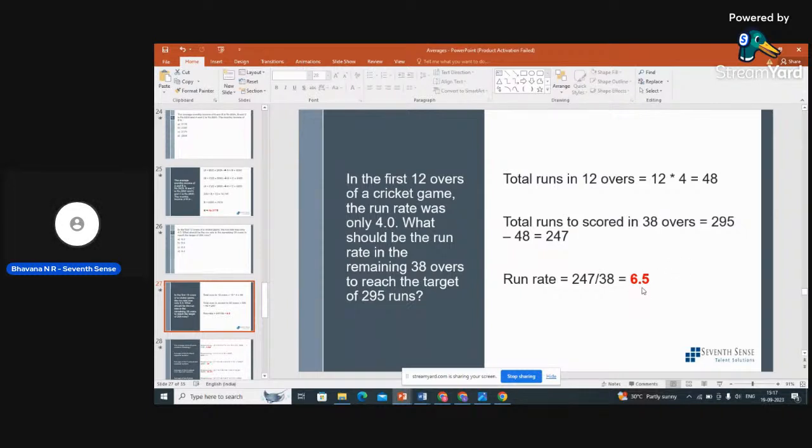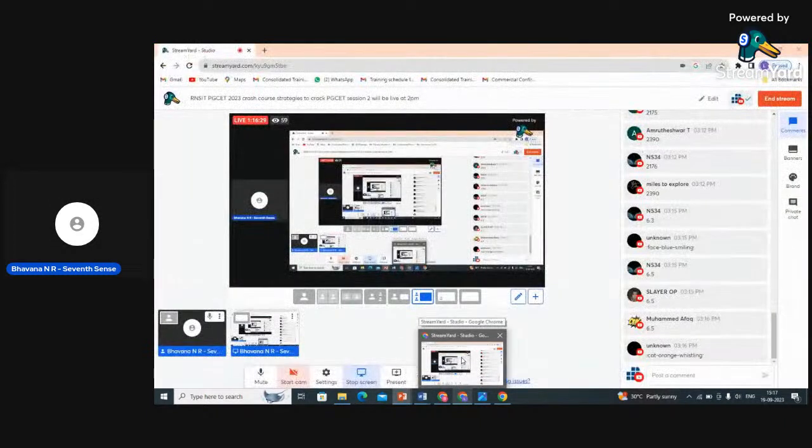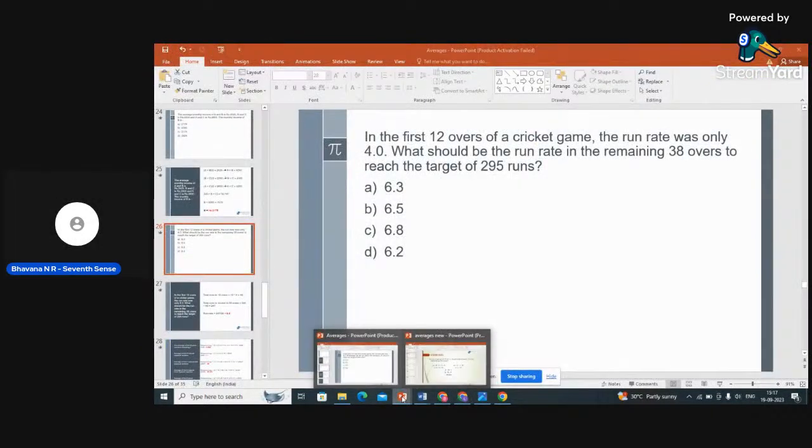It's 6.5 times. So the run rate is 6.5. Yes, it's 6.5.